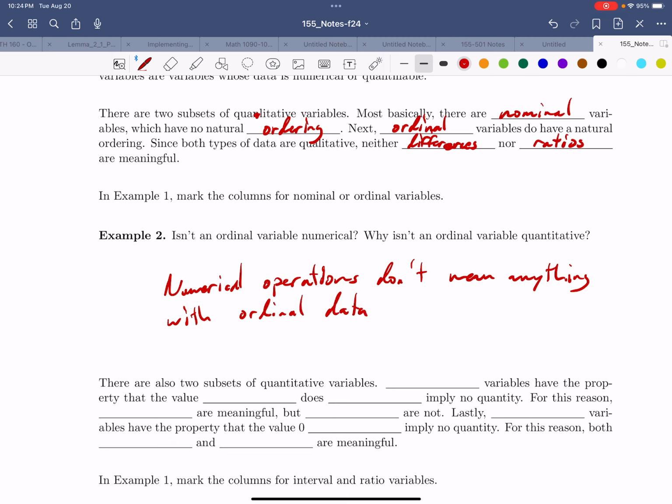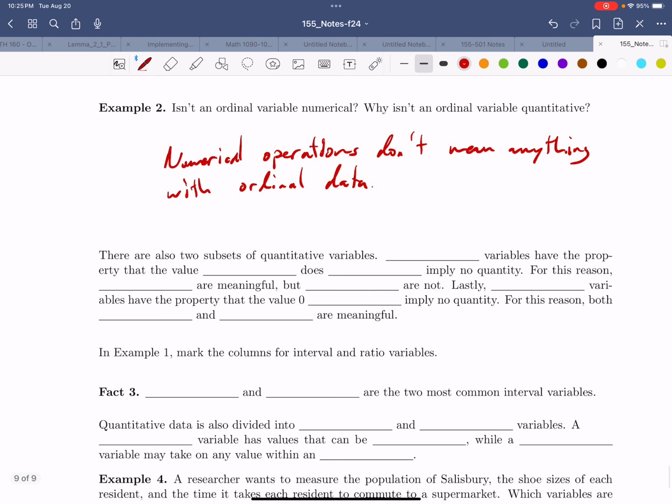If I come in second place and you come in 7th place, you can say I finished 5 spots ahead of you, but that doesn't mean anything mathematically speaking. It's just items on a list. You don't know anything about our finish times or how we performed or anything. So we don't really consider ordinal data to be quantitative.